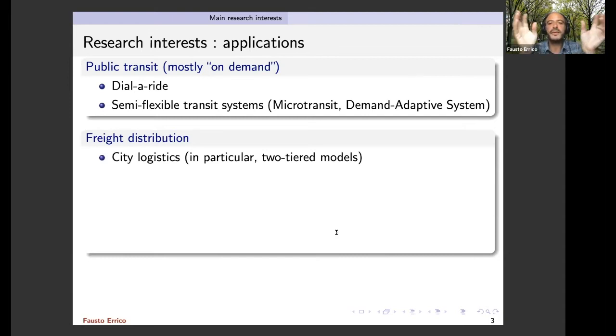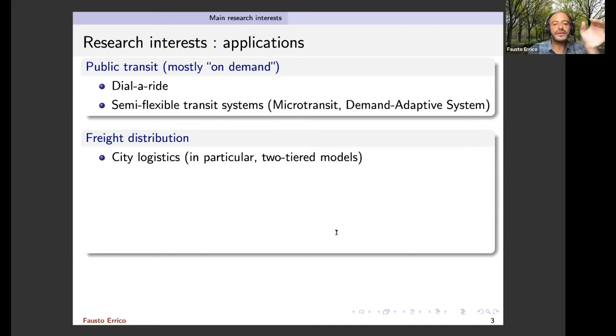There are some intermediate facilities, which are usually called satellites, and these facilities are potentially mobile facilities. So the distribution is done with larger trucks from the city distribution centers to the facilities, and then with smaller vehicles into the city. I work mostly on tactical planning and on operational planning on this kind of problems.